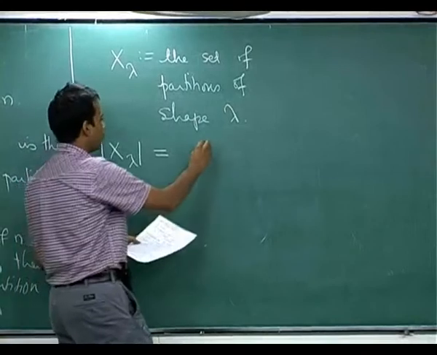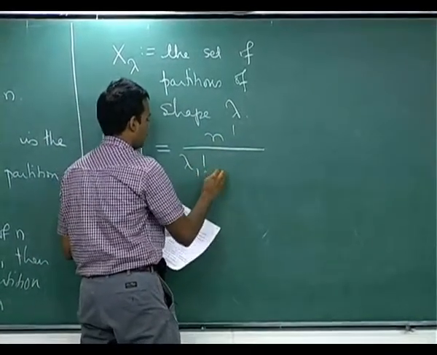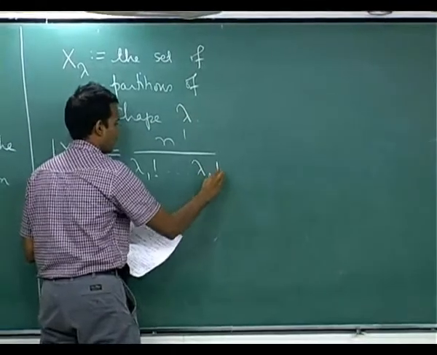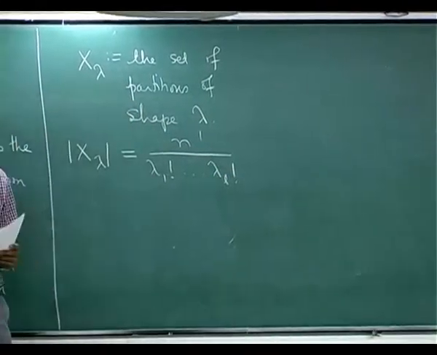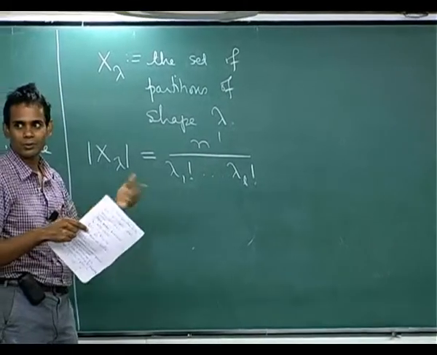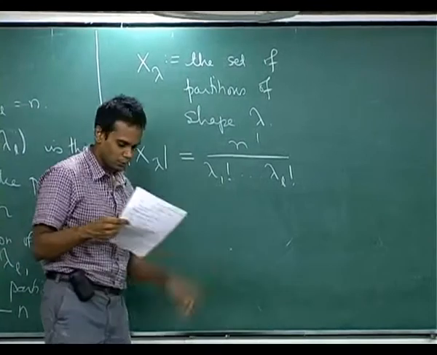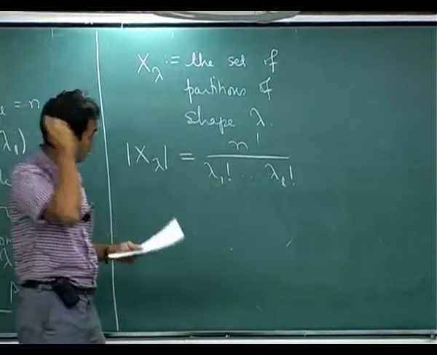It's a multinomial coefficient, n factorial divided by the product of the factorials, because the question is how many ways can you choose the objects that you put in these parts, and it should be a standard problem which you've seen before.